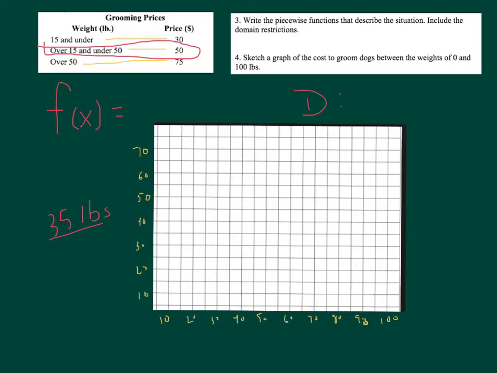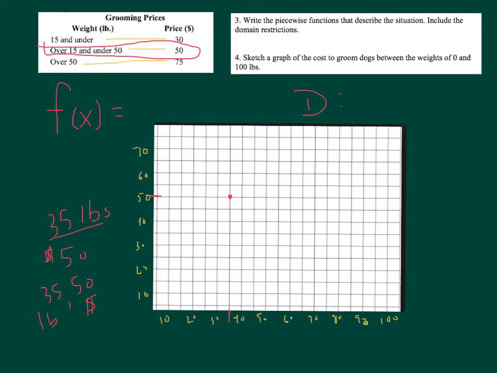Well, I look here, and over 15 and under 50, it costs $50. So that would be a coordinate pair of (35, 50), where 35 was the weight and 50 was the cost. So I find 35 over here on my graph, and I find 50 on my y-axis, right? And I plot that point, which is right there.